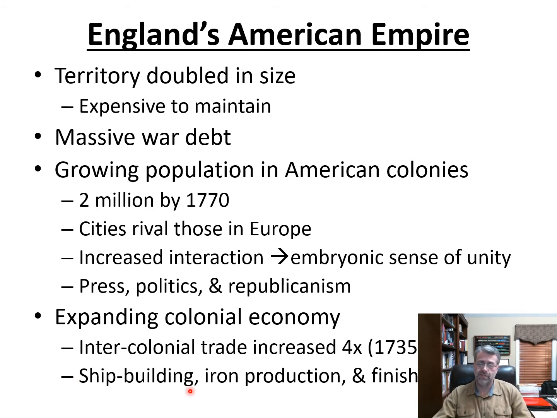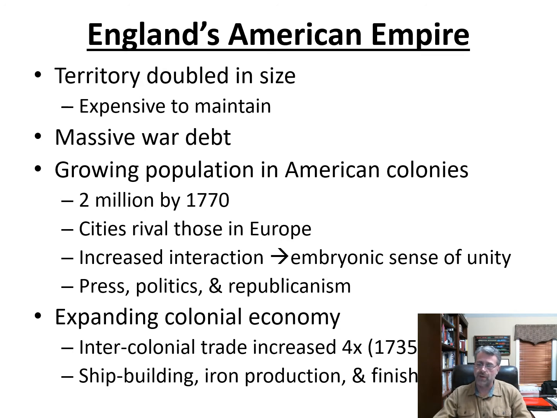So England is in a situation now where they're losing a lot of money in terms of trade and economic activities, because the colonies are trading among themselves and they're not abiding by the Navigation Acts, the trade laws that England had established previously. So for all these reasons, this increased territory, war debt, a growing population and cultural identity in North America, and a rapidly expanding economy, England now is faced with some very tough choices.